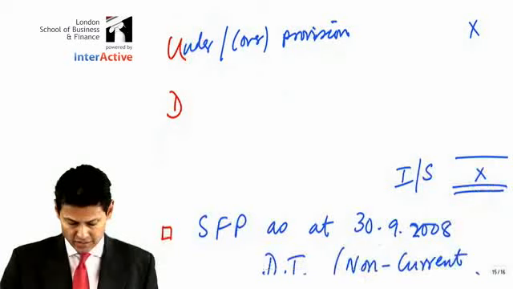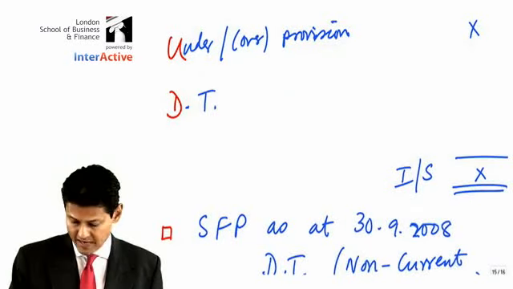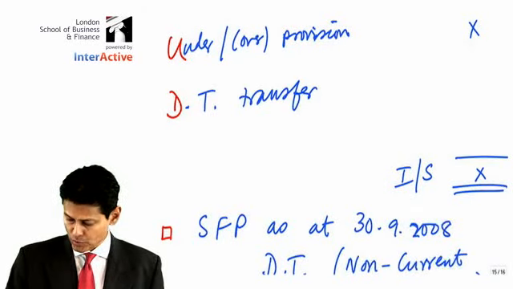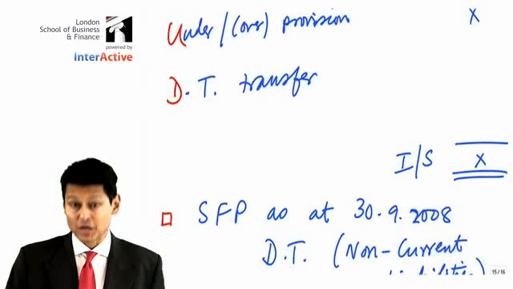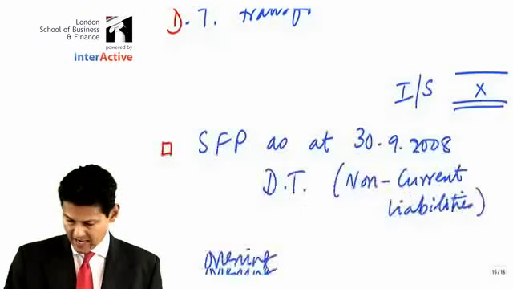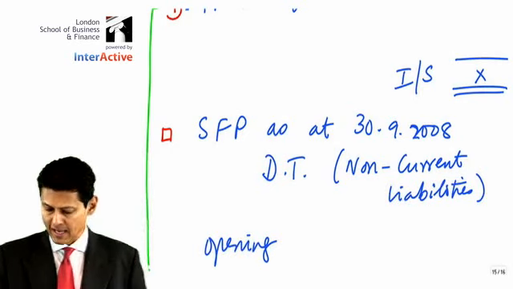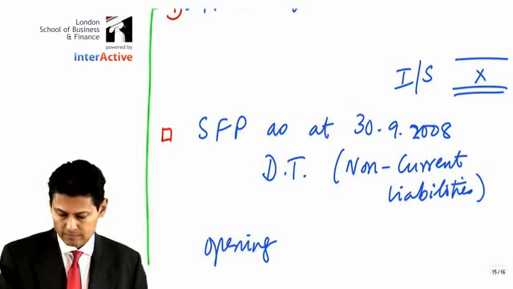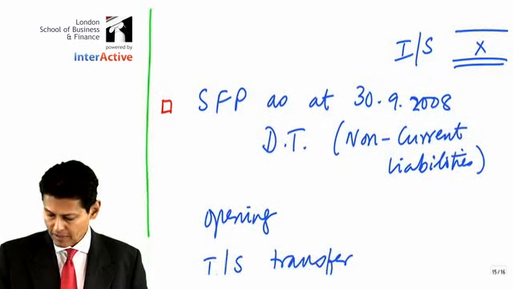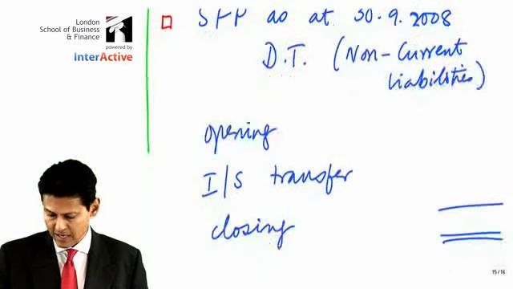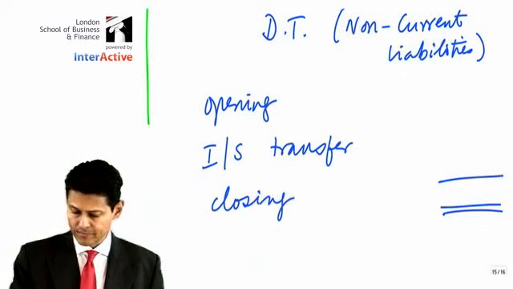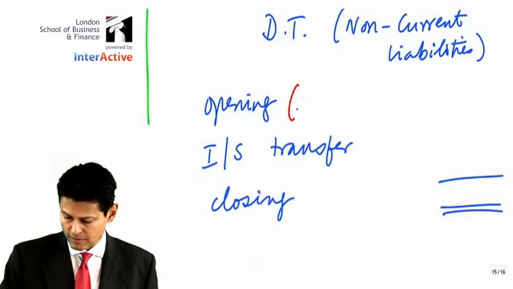And then you have your deferred tax transfer, which, as you will recall from earlier exercises, is nothing but the figure that you work out from down here. So I'll just come down the page to consider the opening from the working schedule.